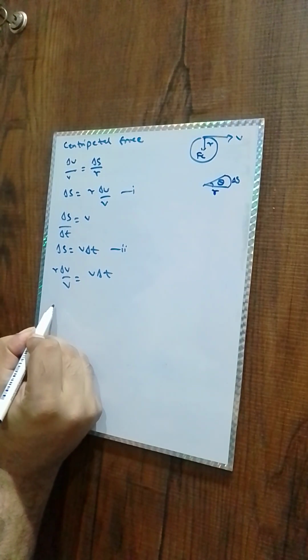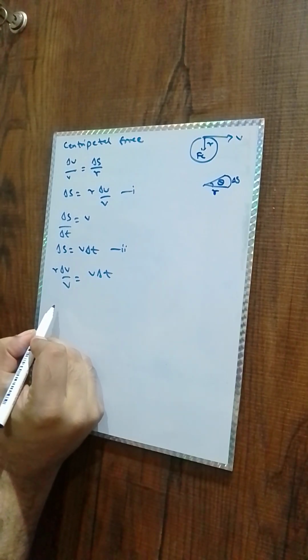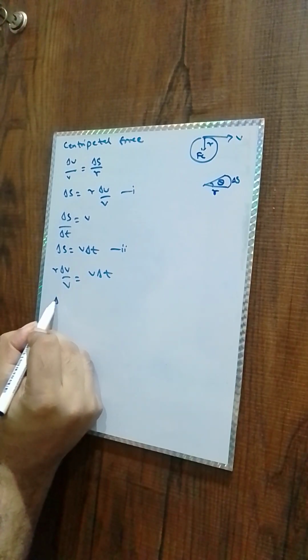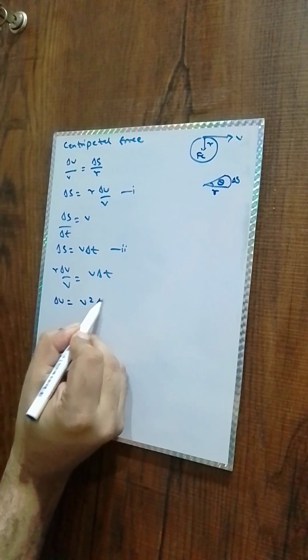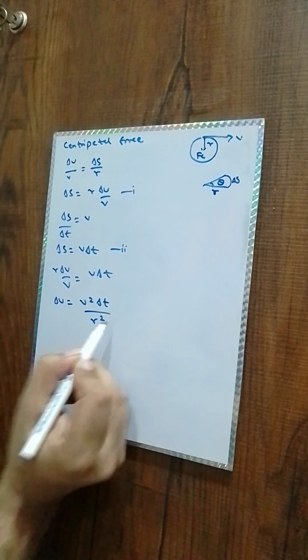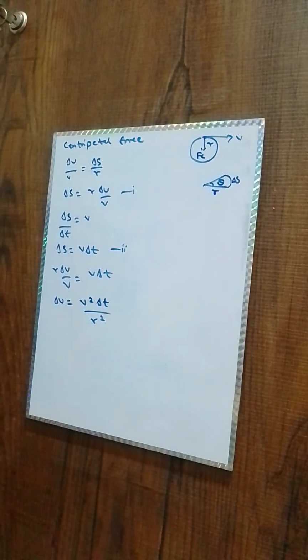So delta v is equal to v square delta t by r.